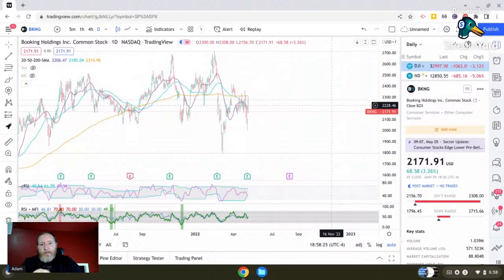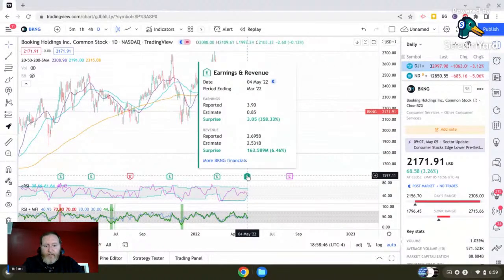Especially with gross travel bookings for this summer running 15% better than 2019. Booking Holdings did also beat their top and bottom line estimates too, and we can see that right here.